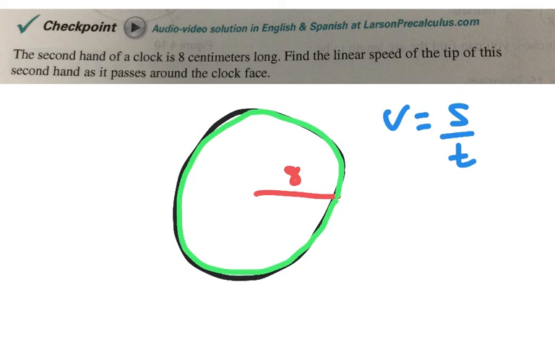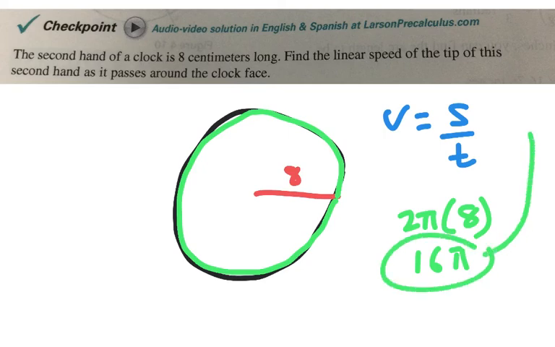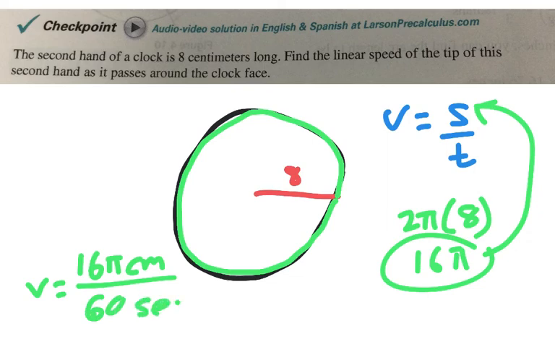So to find how far that is, I'm going to do 2 pi times the radius, because all I'm really finding is the circumference. So that's going to be 16 pi. This is my S. And then same thing, my T is 60 seconds. So this time it's going to be 16 pi centimeters divided by 60 seconds. You would put that in your calculator. You could find the velocity was approximately 0.84 centimeters a second.